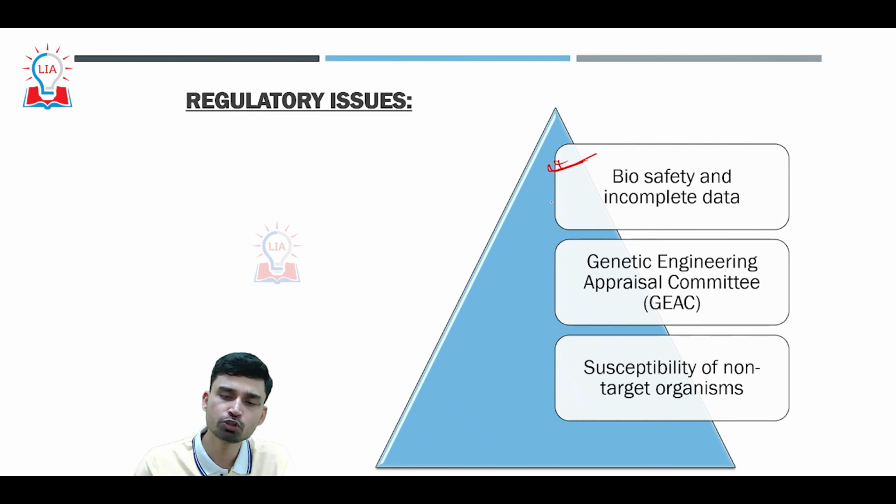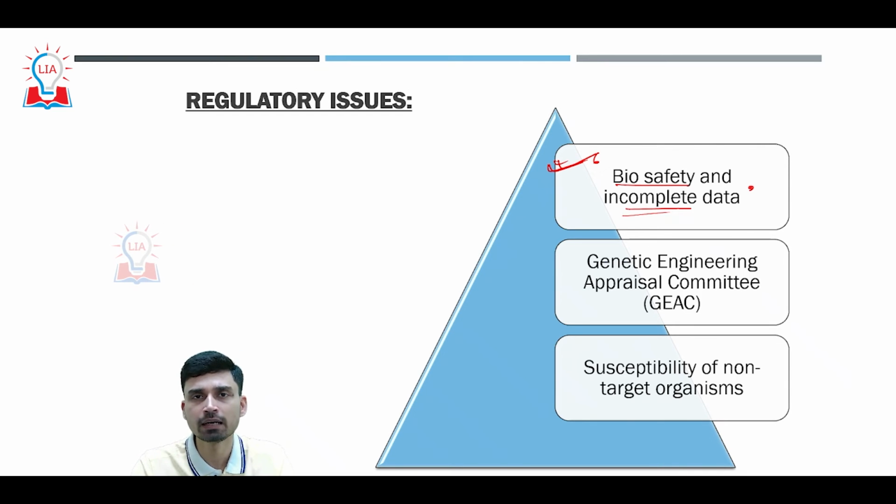So the most important concerns regarding genetic modification are, first, a biosafety issue, and we have incomplete data to understand the full scale implication of introducing GM crops into the environment.